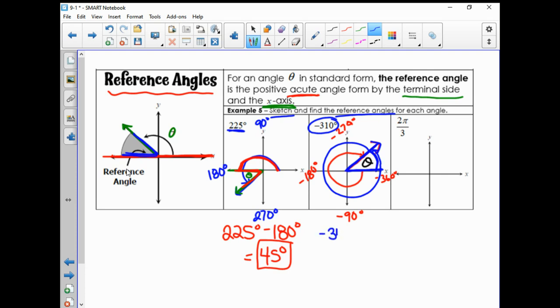So negative 310 plus 360 is going to give me a 50 degree angle. My reference angle is 50 degrees. Okay, so there's no formula just to plug it in to find the reference angle. You've got to draw it and look and see if you can figure out how to get that angle right there. All right. This next one is 2 pi thirds.